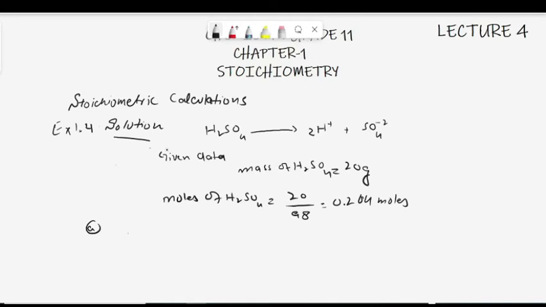Part A says you have to calculate the number of sulfuric acid molecules given. So you're given 20 grams of sulfuric acid, and that is equal to 0.204 moles. And you already know how to convert moles into number of molecules.